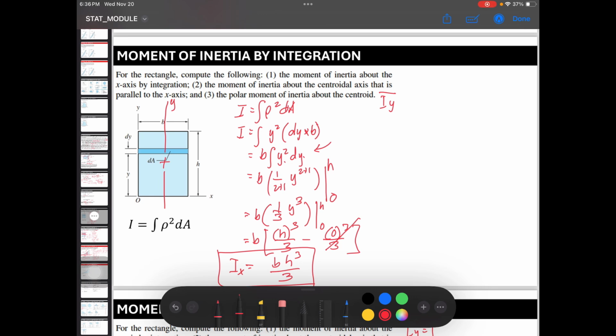So, here we will reference y, centroidal y. So, what is the differential element?